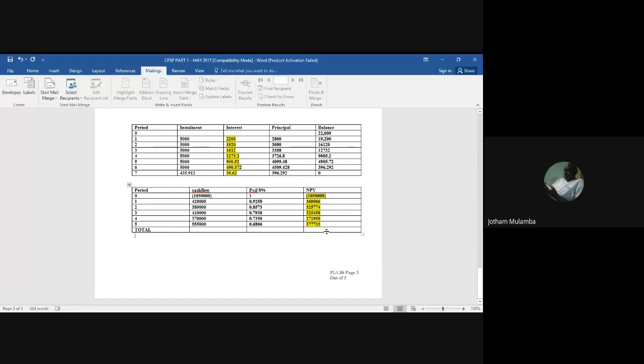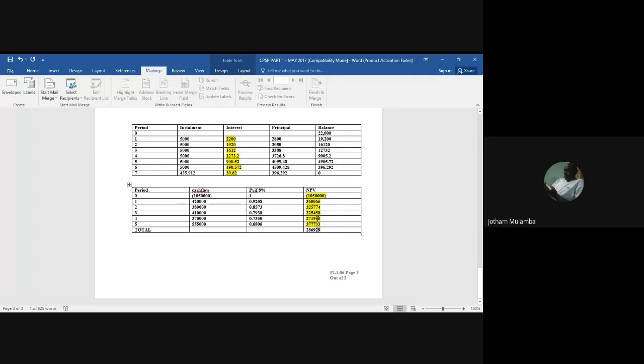Whoever gets the answer first, you can share. So Abraham amepata 286,929. Mwingine amepata the same figure?